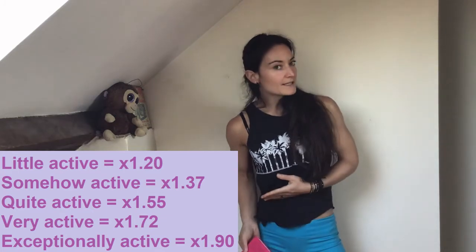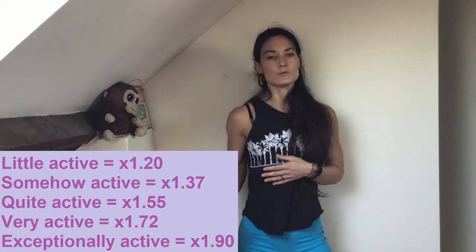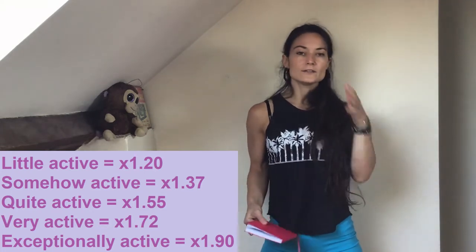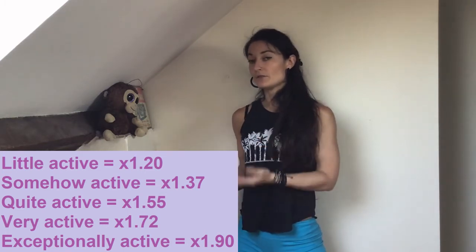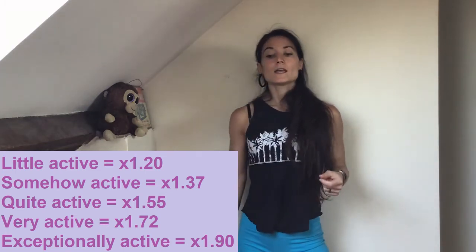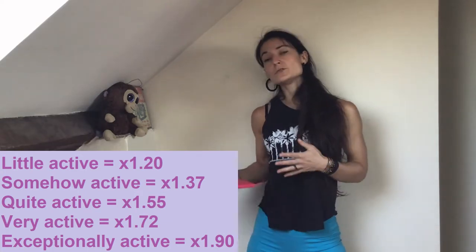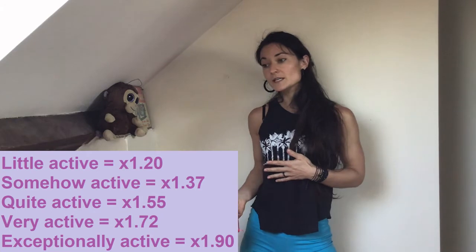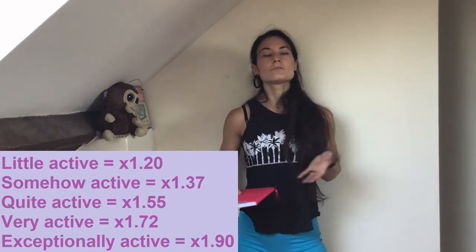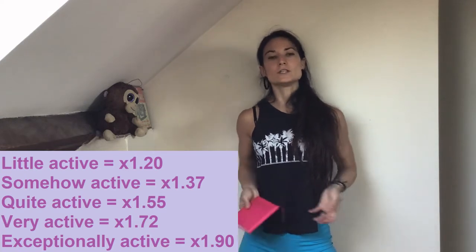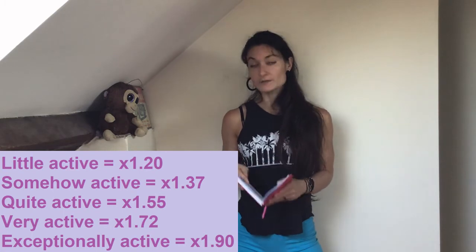If you do some exercise, if you exercise 1 to 3 times a week, and if you move a little, then you can multiply by 1.37. If you exercise a bit more, so 3 to 5 times per week, or if you cycle to work, so if 5 days a week you actually do some activities, then you should multiply by 1.55.